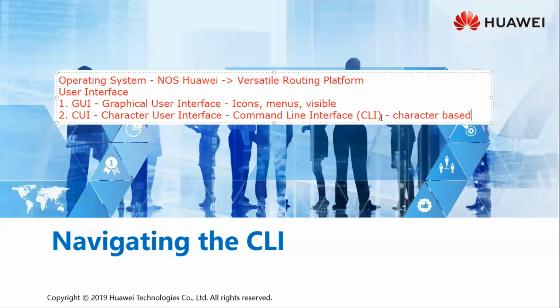In some network equipment, you have both the GUI and the CUI. But in most serious and managed network equipment like switches and routers, you only have the CUI, the character user interface.